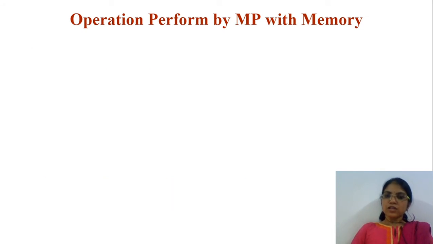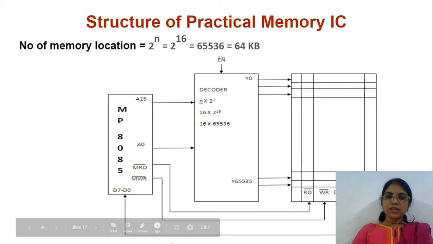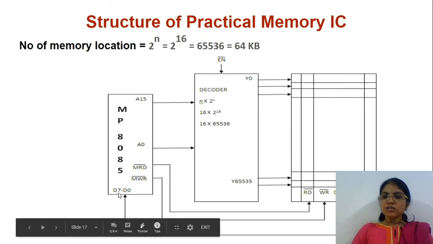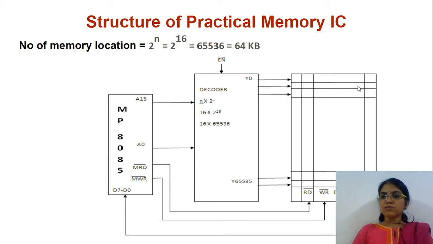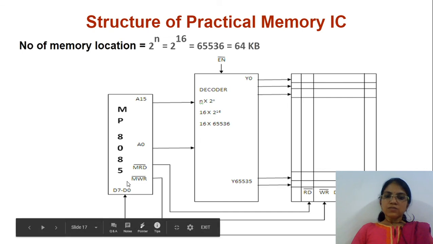For transferring the 8-bit content on data lines, we use D7 to D0. After selecting the specified memory location, the microprocessor transfers that 8-bit content on the data lines D7 to D0 by using the software instruction, and these data lines are also connected to the D7 to D0 pins of the practical memory IC.